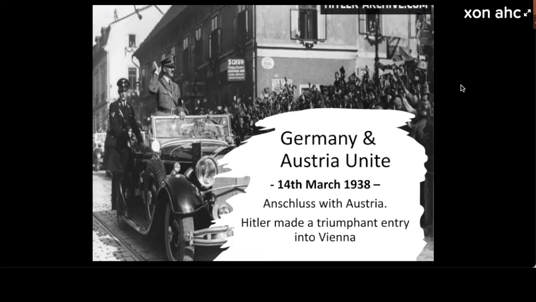Yeah, they condemn it. The League of Nations says, hey, it says specifically in this treaty that you cannot do this. But Hitler says, hey, I have an excuse. Did he have an excuse in 1935 when he built up the Army and Air Force? Yeah, what was his excuse in 1935? Yeah, they needed to defend themselves. His argument in 1938 is that the Austrian people voted to join Germany.